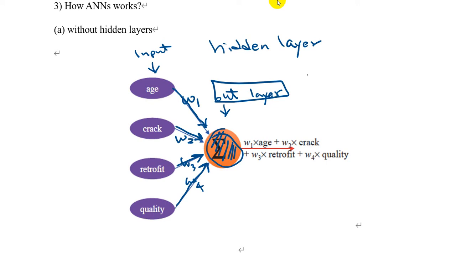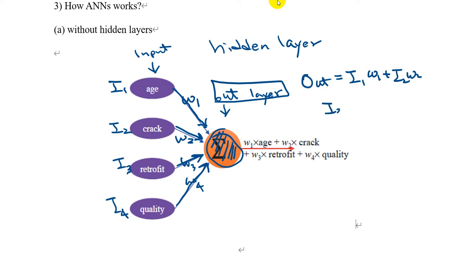So let's calculate the output parameter. We have input parameters I1, I2, I3, and I4. They have particular names, but it doesn't matter; we just carry I1, I2, I3, I4 in general. So it's I1 times W1, I2 times W2, I3 times W3, and I4 times W4.